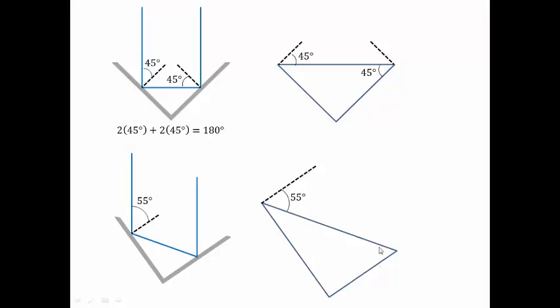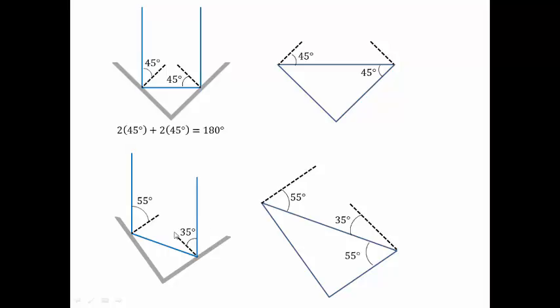Therefore, this angle right here is also at 55 degrees. And again, since the normal is at 90 degrees from the base, this angle here is just 90 minus 55, which is equal to 35 degrees. And from the law of reflection, this angle here is 35 degrees as well.